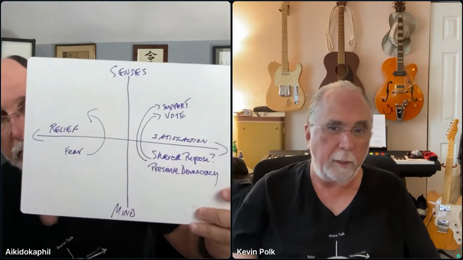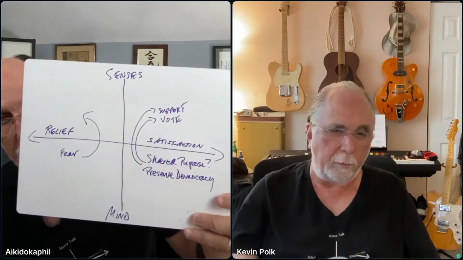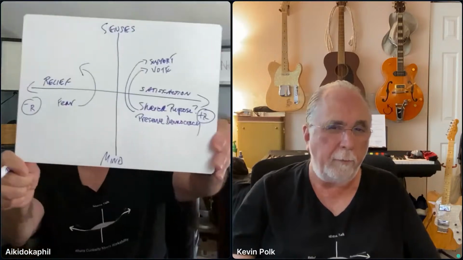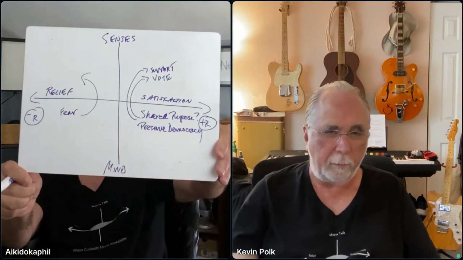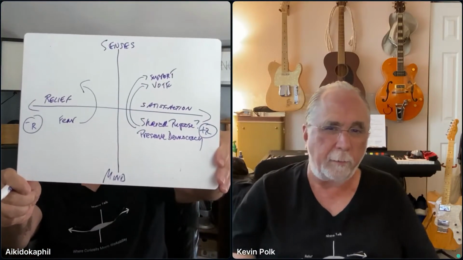That's it. If you want to get complicated about it, over to the left is negative reinforcement, and over to the right is positive reinforcement. Looking at human behavior can get complicated, so we simplify it with this diagram.